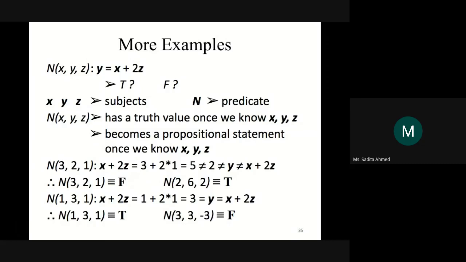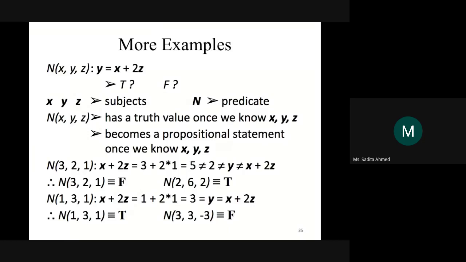We need at least one case from the domain for which the statement is true. As long as you have at least one, the existential quantification is true. For universal quantification, all of them have to be true. That's why the universal quantification was false for the given domain. But the existential quantification is true as long as there is at least one.